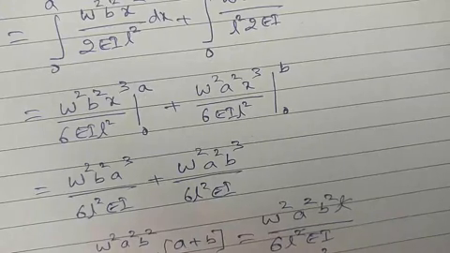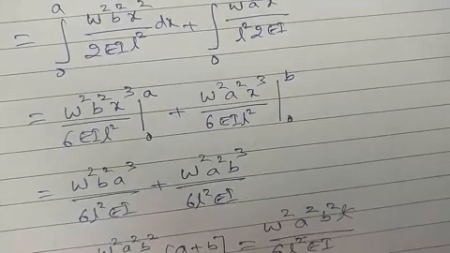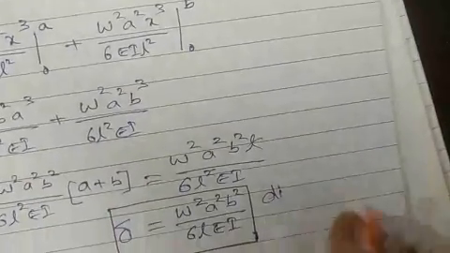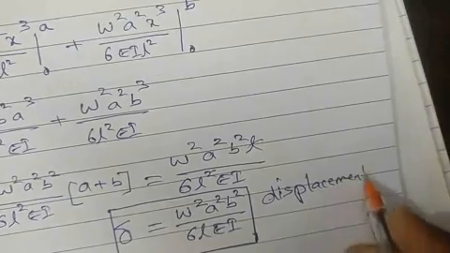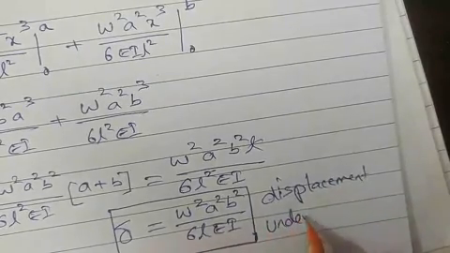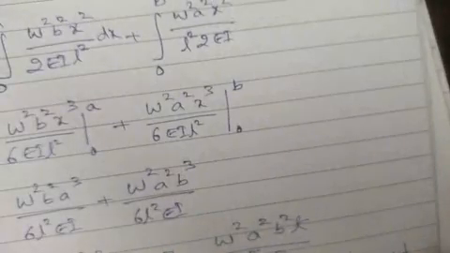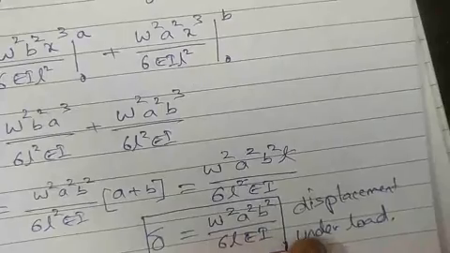This is delta, the displacement under load: W square A square B square by 6L EI.